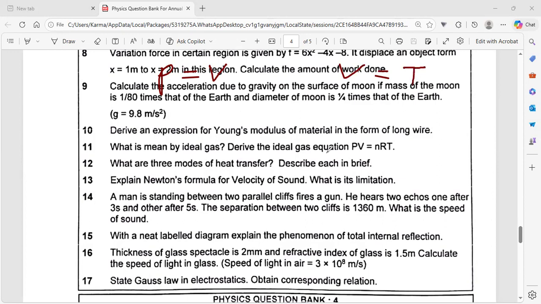Boyle's law and Charles' law, if fused, give the general gas equation. PV is equal to KT.